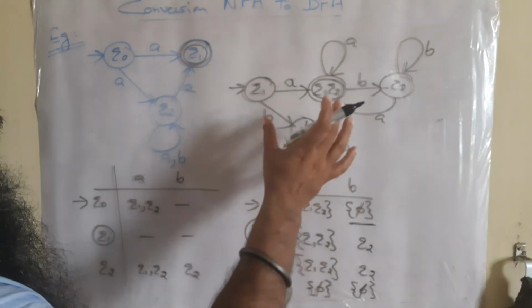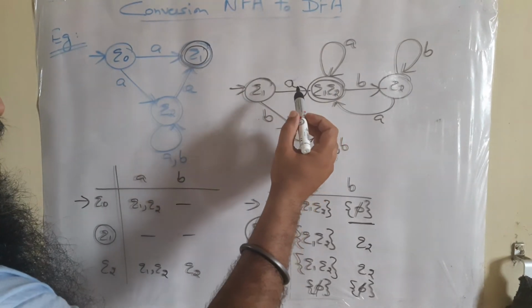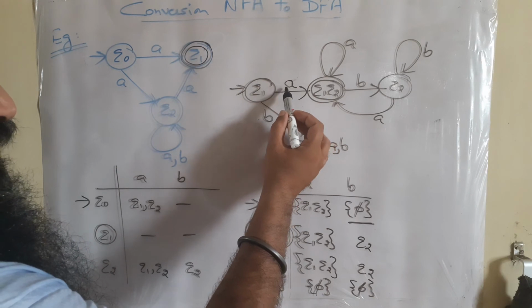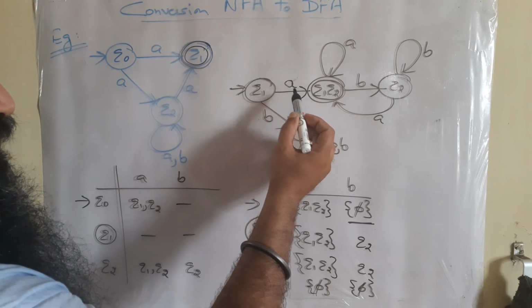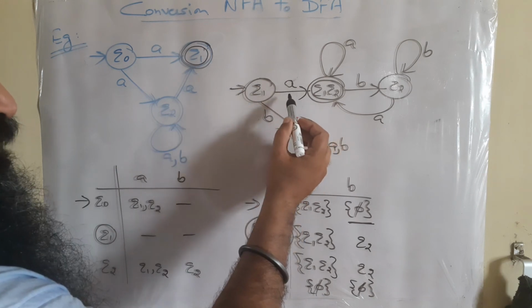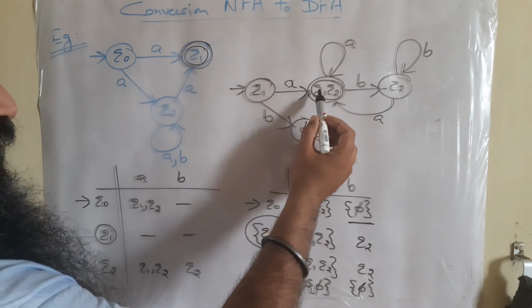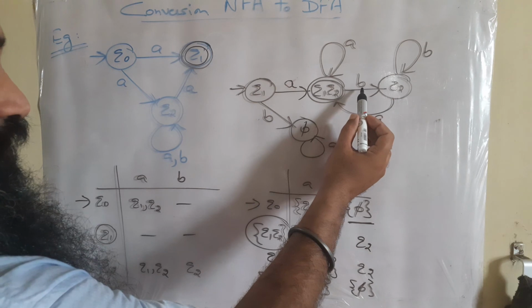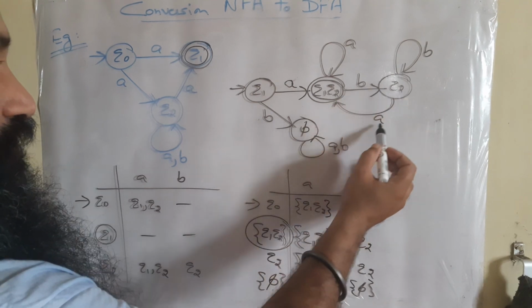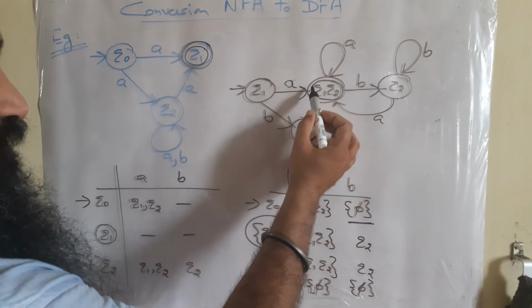Now you can remember from this question that the string starts and ends with A. So if it starts with A, we are at the final state. If we get B, then after getting A, we are able to move back towards the final state.